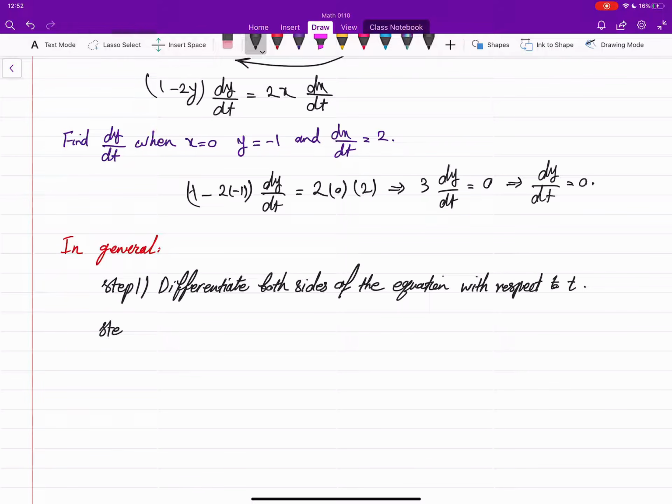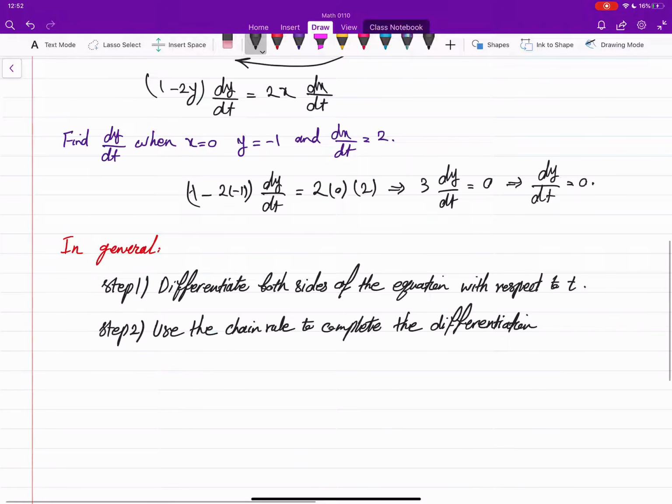Step 2, while differentiating, you use the chain rule. Use the chain rule to complete the differentiation. And you should remember this, that this is not differentiating with respect to x. It is with respect to t.